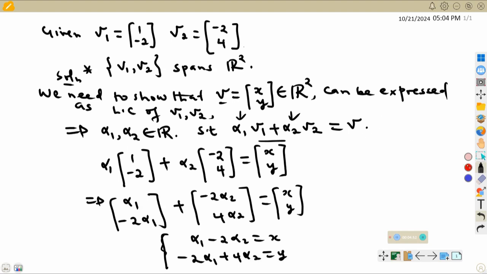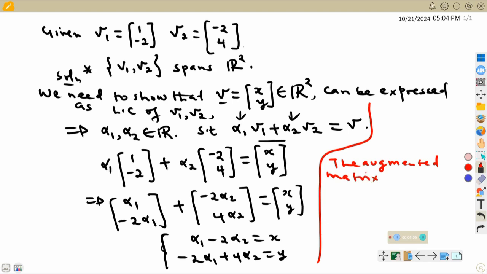We can have an augmented matrix corresponding to this system. So the augmented matrix is 1, -2, then x, -2 and 4, then y.